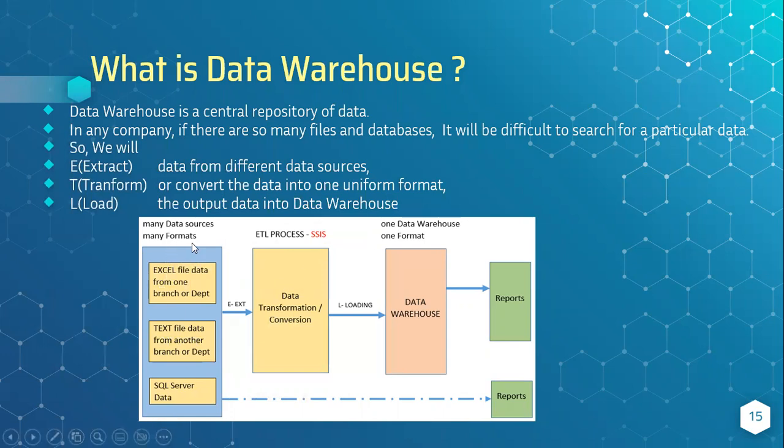We will extract data from all the sources and transform or convert the data into one uniform format, and load the output into the data warehouse. Once the data warehouse is ready, any branch related data or any year related data, you can easily access from the data warehouse using any internet browser.